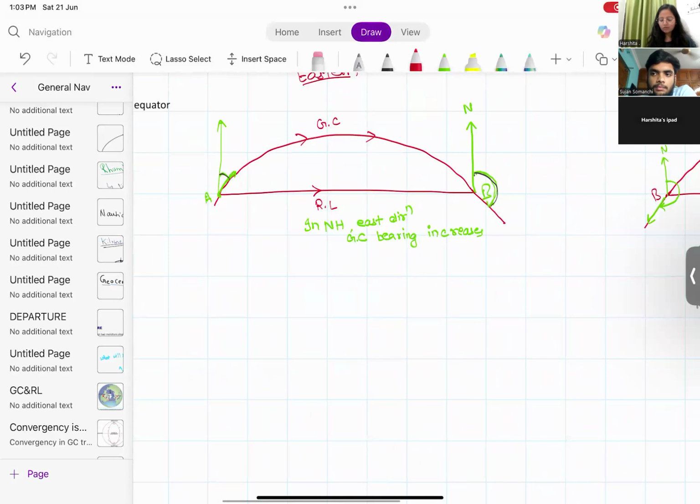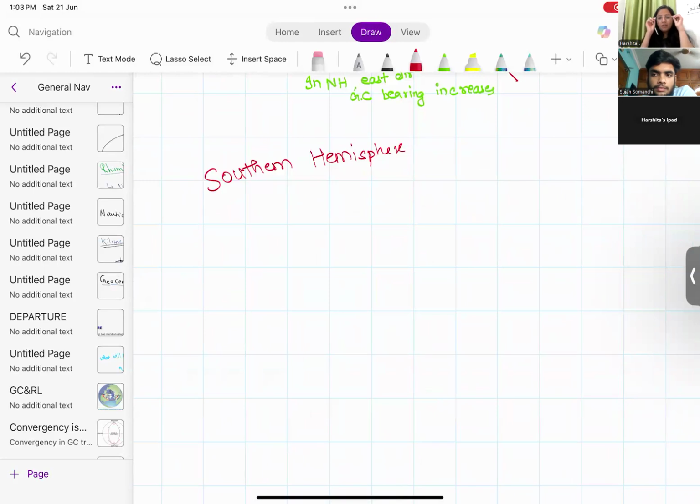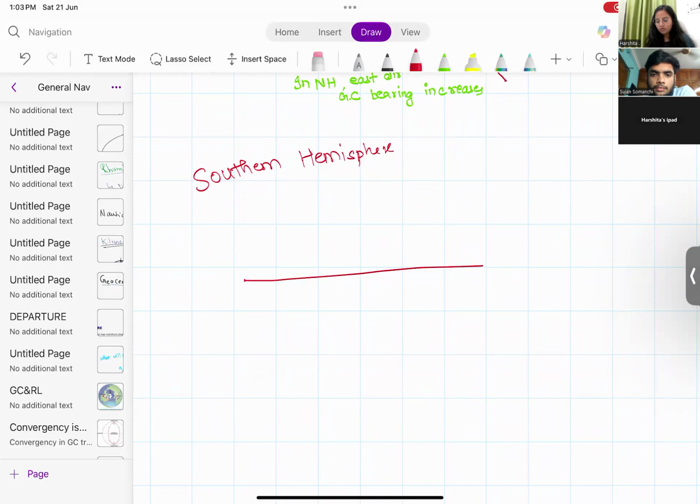Now let's talk about the southern hemisphere. If the name southern hemisphere comes, do not use your brain, do not do anything else, just draw this diagram first. This is the rhumb line, this is the great circle. Southern hemisphere.